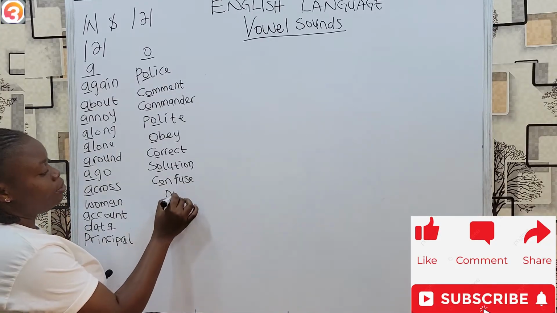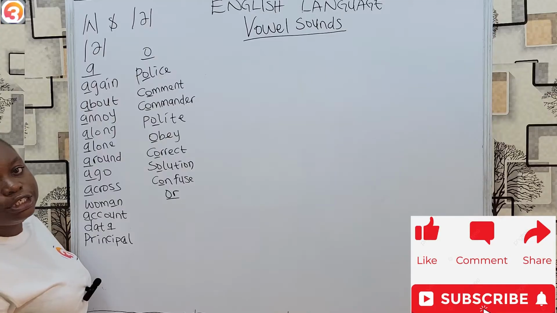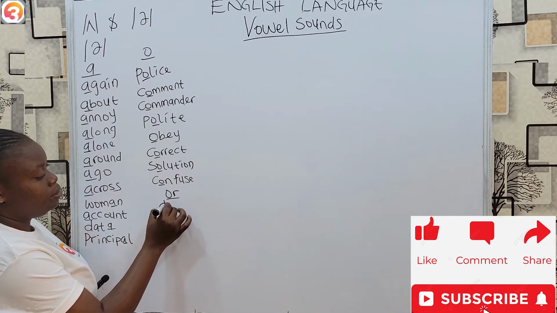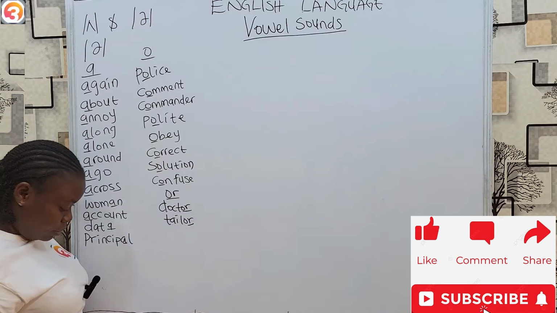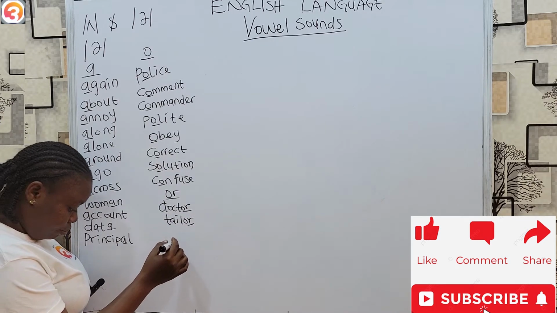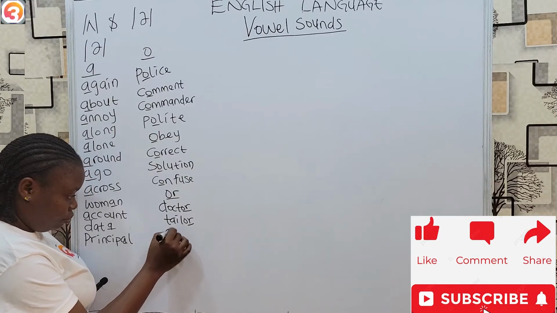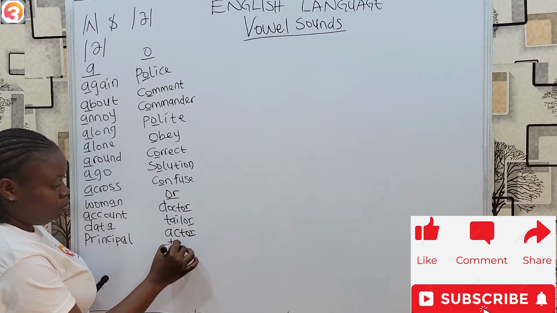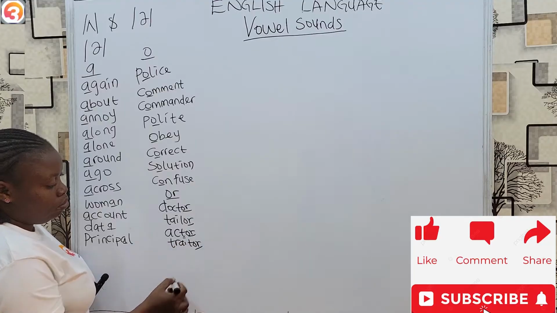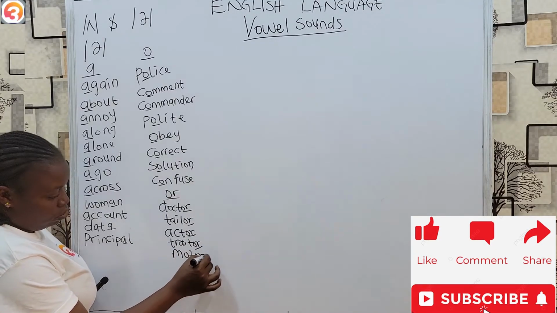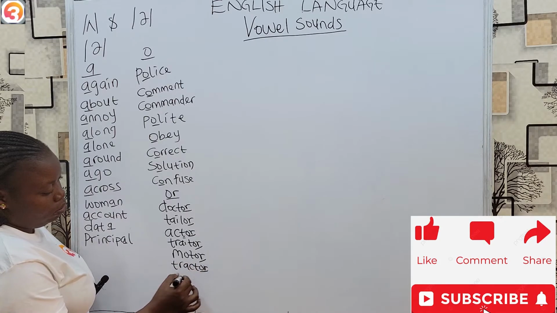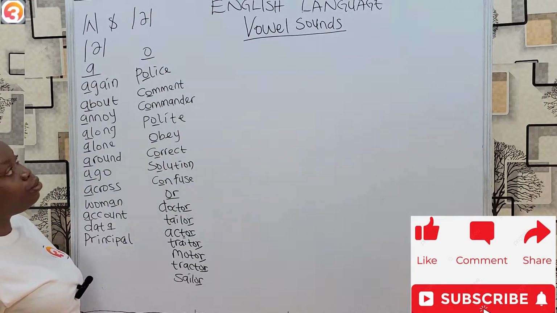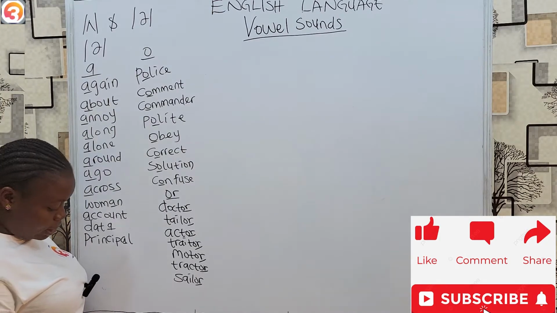This sound can also be found in words that end in OR, like doctor, tailor, sailor. Words that end with OR can also contain the weak uh sound.